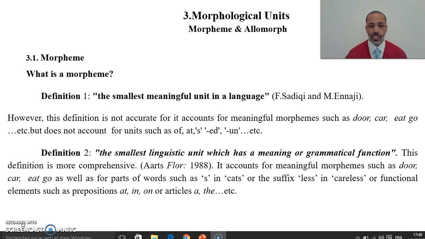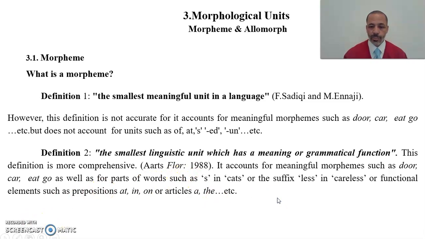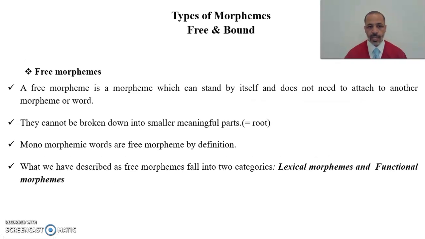This definition, of course, is more comprehensive because it accounts for meaningful morphemes such as door, car, eat, go, and so on, as well as morphemes like the S in cats, or the suffix less in careless, or the functional elements such as prepositions at, in, on, or the articles a, the, and so on. So as you can see, we will adopt the second definition in what comes of our lectures.